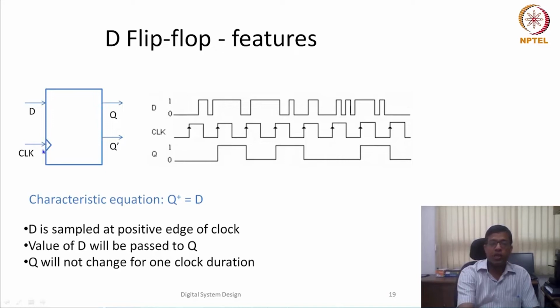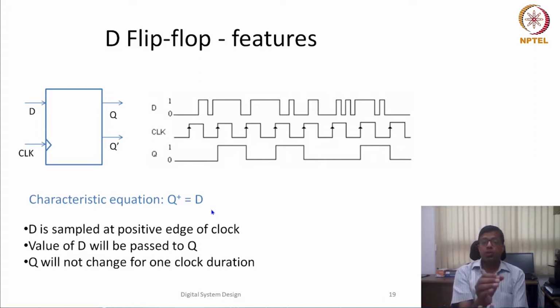So, you see an arrow here, that means the clock transition, and because there is no circle here, that essentially means whenever the clock has a rising edge, whenever it is the positive edge of the clock, then my Q plus would be equal to D. Otherwise, it will remain whatever the previous value of Q was. So only during this positive transition, the output can change, and the output would be equal to D. So that's what we call the characteristic equation of this particular flip flop.